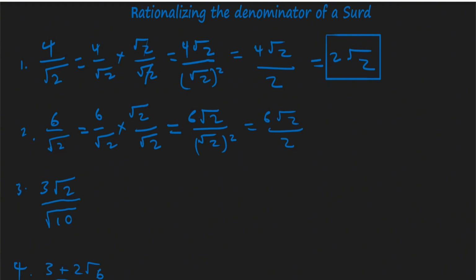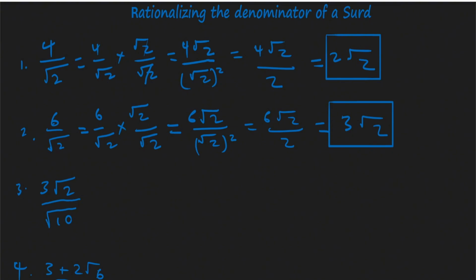The square is going to cancel the square root, which gives us 6 divided by 2. We have 3 root 2. That's it.